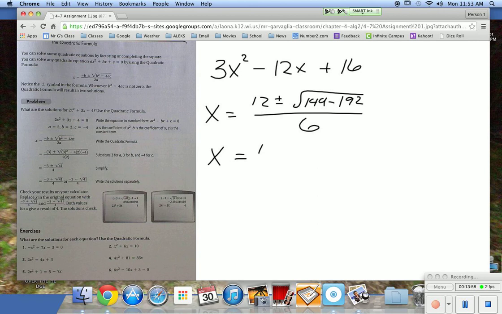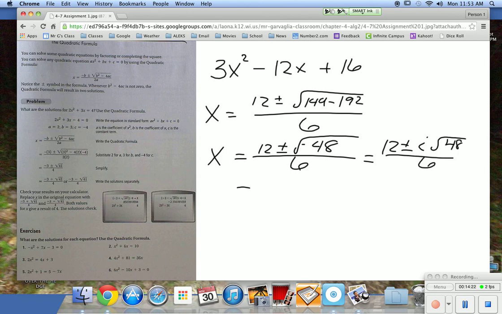So this would be 12 plus or minus square root of, what's that? It's negative 48 over 6. We can pull that i out. 12 plus or minus i square root of 48 over 6. And now we can pull out a 16 out of that, right? 16 goes in the 48, is that right? Yes, 3 times. So we can make this 12 plus or minus square root of 16 times 3 in here.